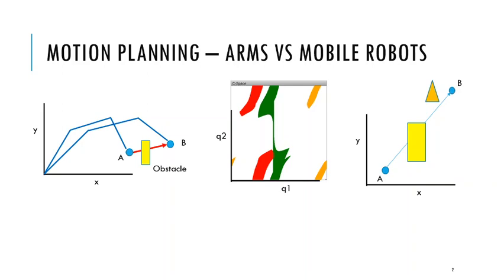Most mobile robots really only operate in a plane, so I only care about x and y. Of course, drones and flying robots operate in 3D space, but x and y is very common. If I care about the orientation of the robot, then I can add theta as the orientation, but again very often it's just a two-dimensional space.